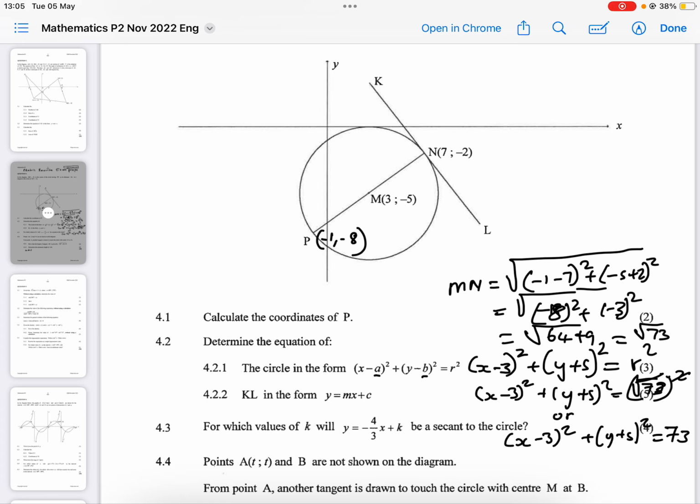We have one point on KL, so we cannot get the gradient using two points. So we're going to get the gradient of KL using perpendicular lines. So I can use the gradient of MN.